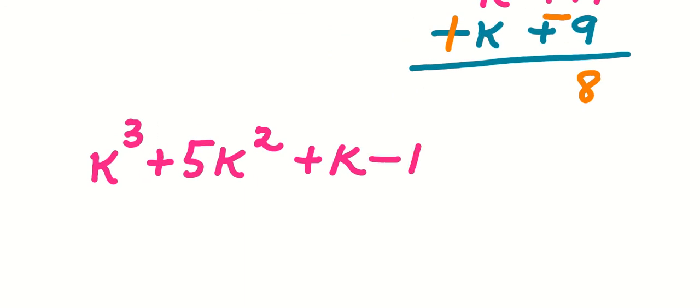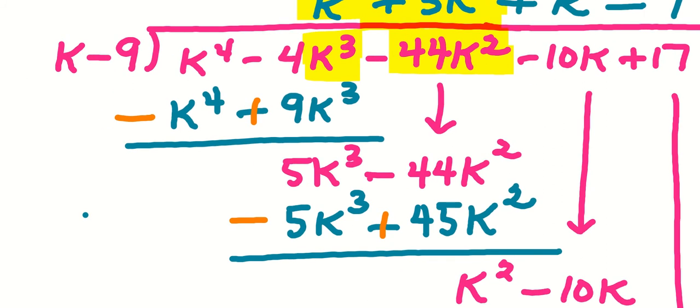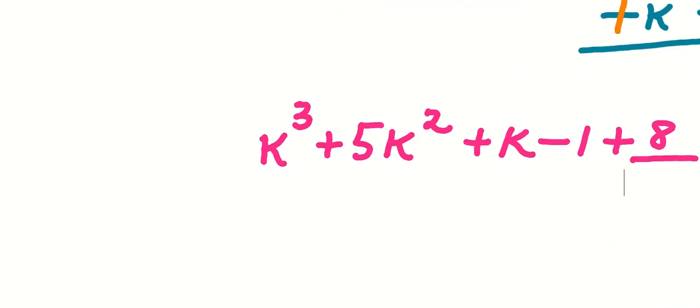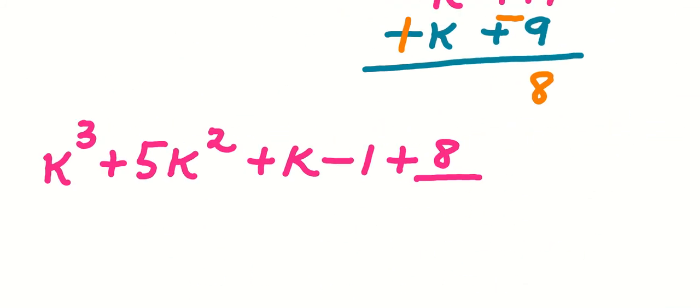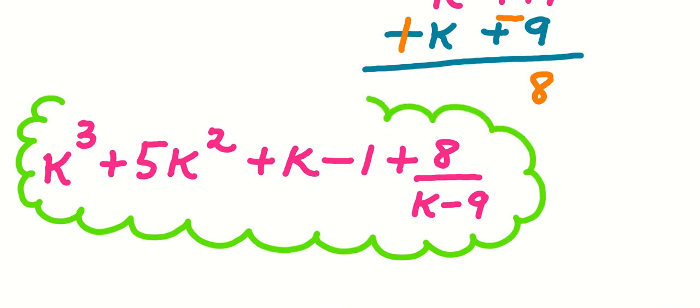And since the remainder is positive, we're going to say plus 8 divided by whatever we were dividing by to begin with. And we were dividing by k minus 9. So that has to go in the denominator. And that is our solution. It did not go in evenly because we had a remainder.